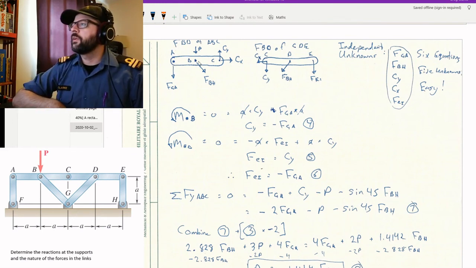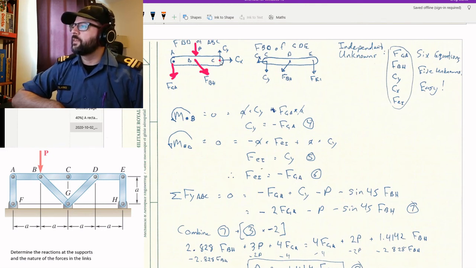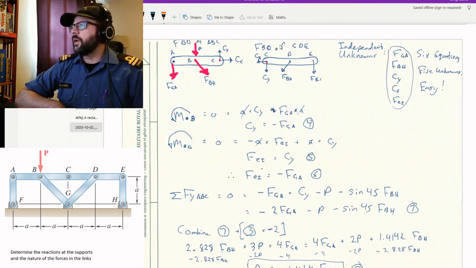It'll be pulling down. Same with FBH here. We got the load. We know which directions the load's being applied in. That's P. And then we've got some unknown reactions at C here. That link C there is going to be equal and opposite to the equivalent reaction at the other bar.